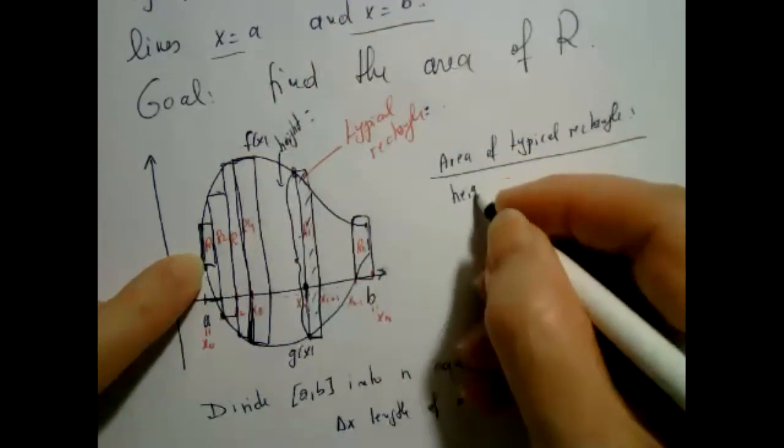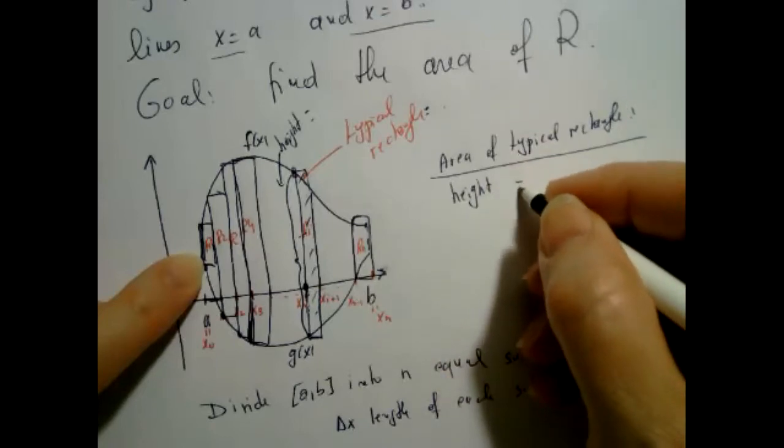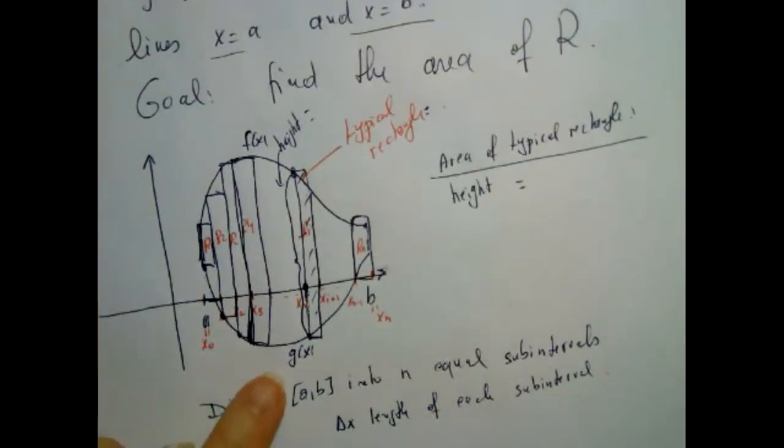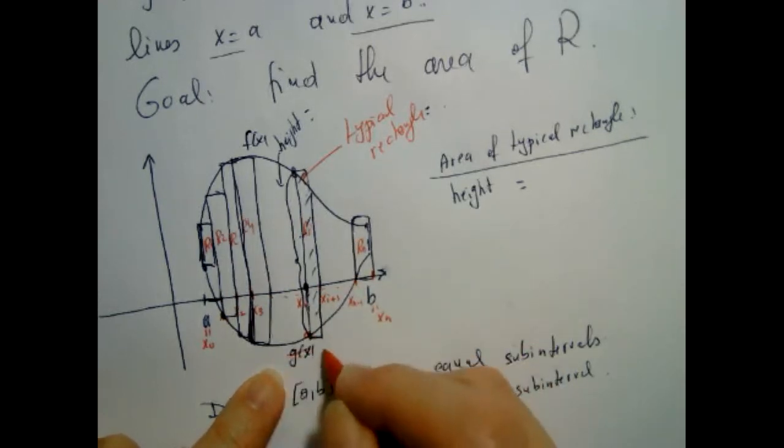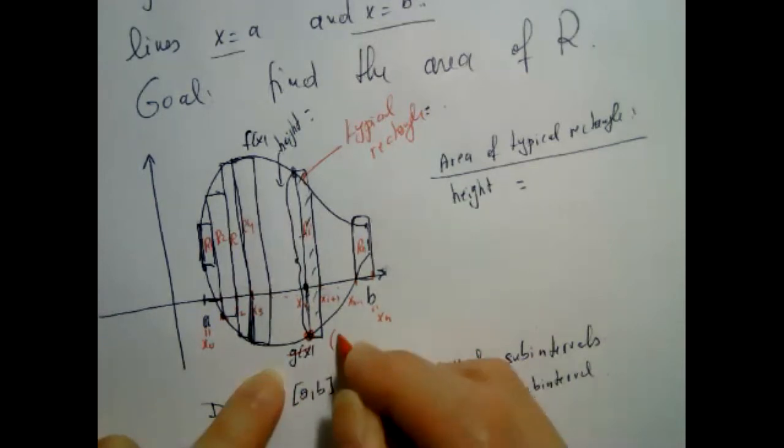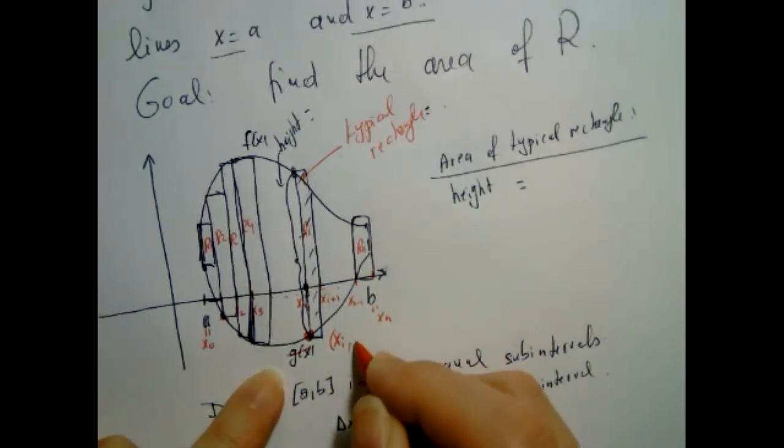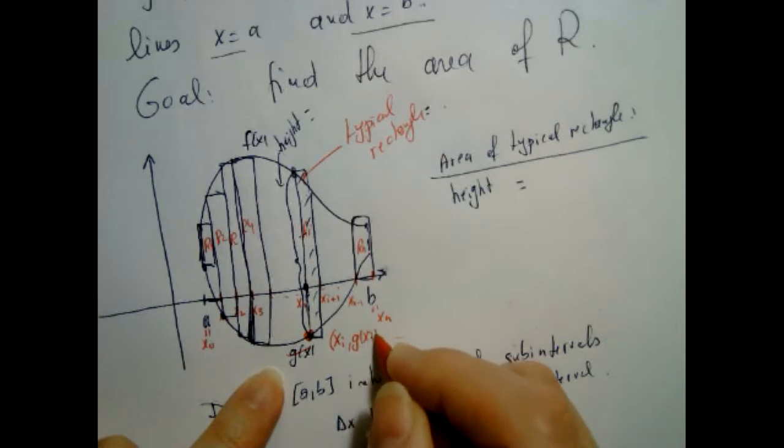The height of a typical rectangle is equal to, you can give me the formula quickly. Who's comfortable to give me, not f of x, be very careful. What's this point down here? This is xi, g of xi.